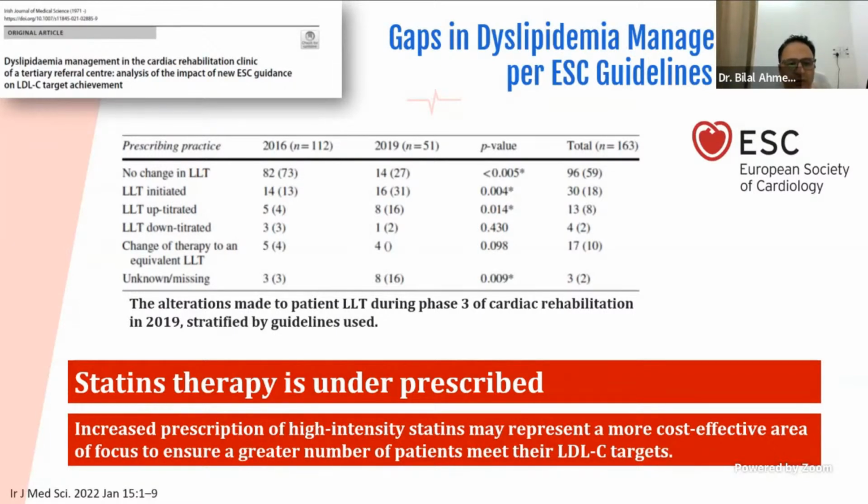So increased prescription of high intensity statins may represent a more cost effective area of focus to ensure a greater number of patients meet their LDLC, low density lipoprotein, targets. What we have seen earlier is that people started statins at a very low dose that does not control or bring the LDLC levels to the target levels.